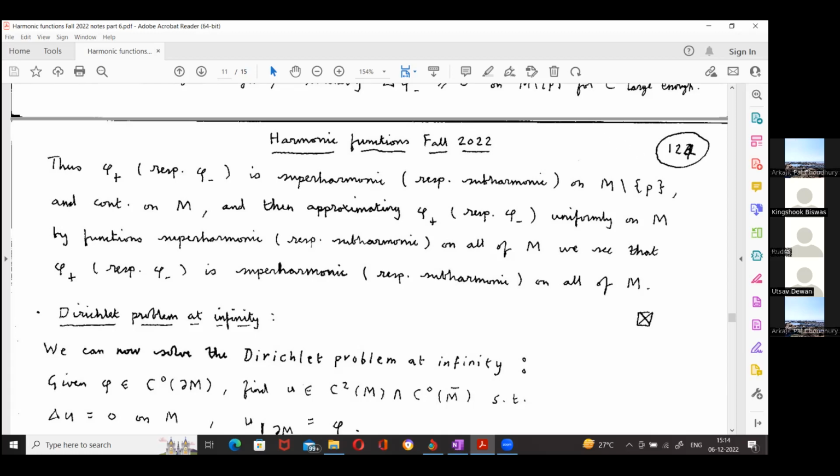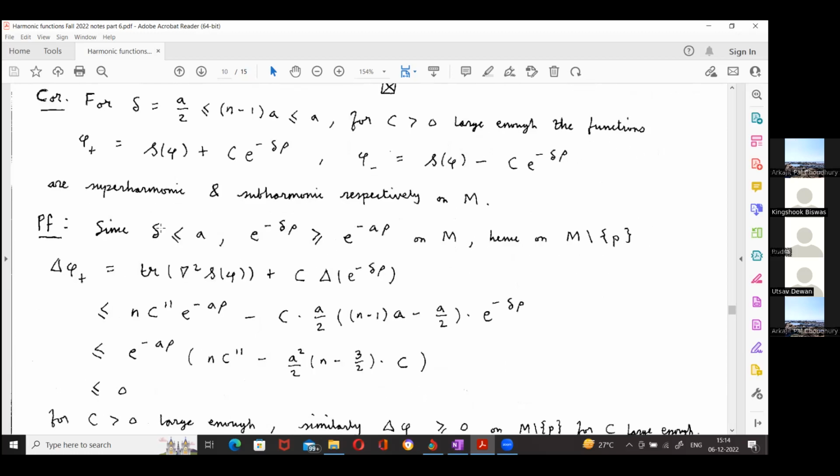What is the point now? The point is, if you look at these functions, phi plus and phi minus, what are their boundary values? As you tend to the boundary, S phi converges to phi, and this e to the minus delta rho, this goes to 0, right? Rho is the distance from the origin. That goes to 0 as you converge to the boundary. So these terms disappear.